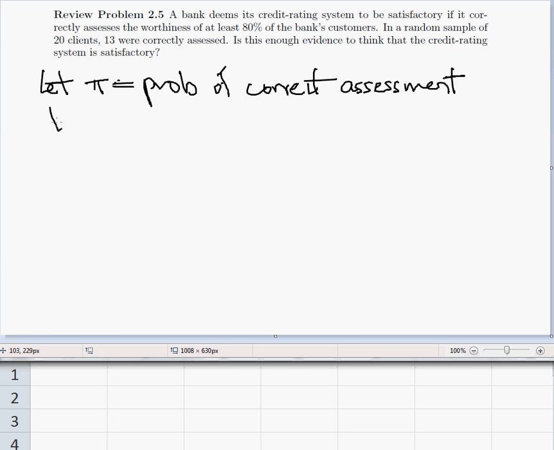The null hypothesis in this case would be that pi is equal to 0.8, that the system works. The alternate hypothesis would be that the system does not work.